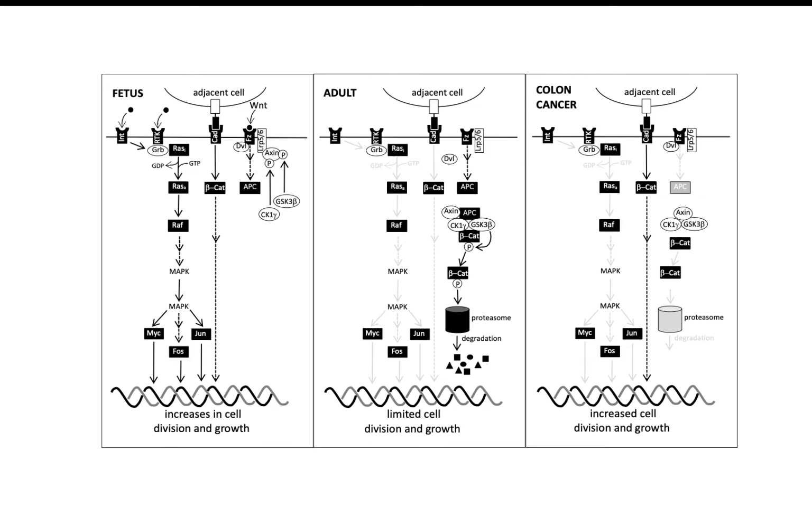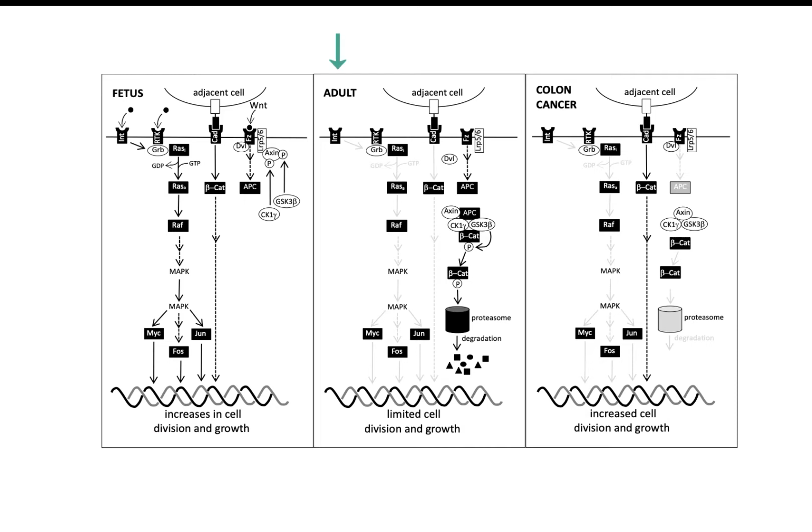This shows some of the mechanisms involved in a specific type of cancer called APC, or adenomatous polyposis coli. So in the fetus on the left-hand side, the normal condition here is where you have activation by MYC, FOS, and JUN, which are transcription regulators, and beta-catenin, all of which are leading to increases in cell division and growth.